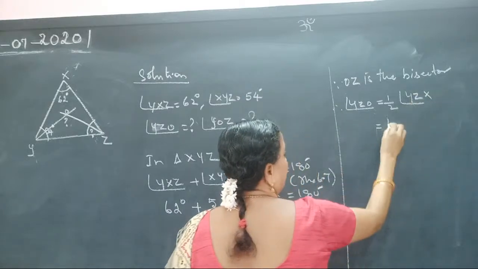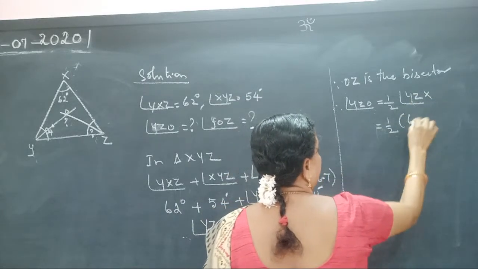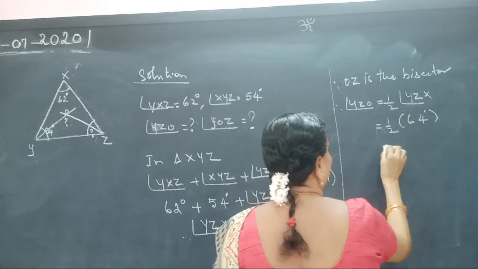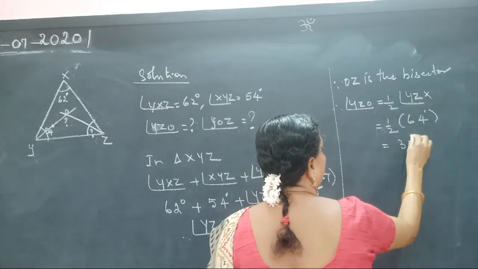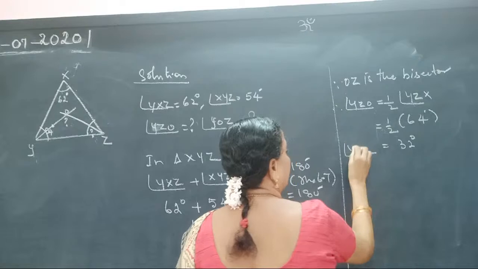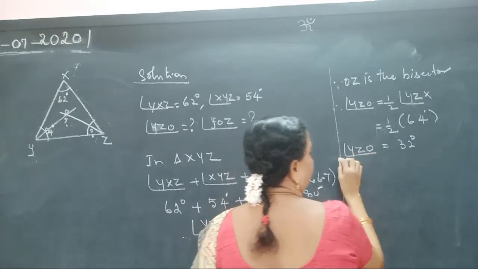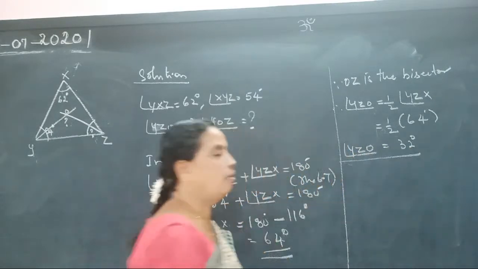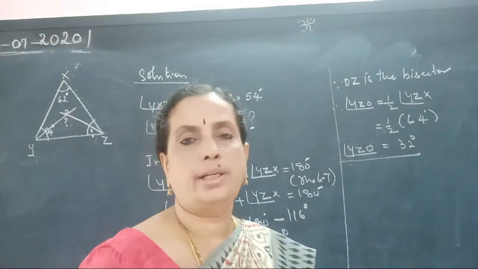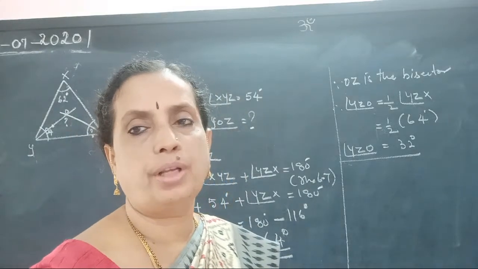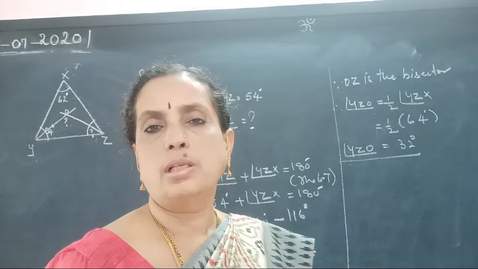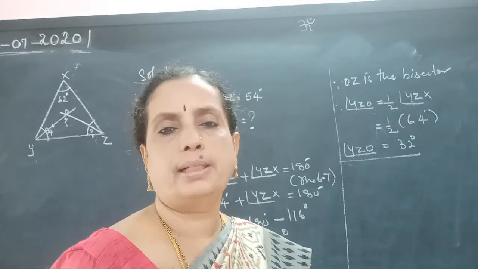That is half of 64 degree equals 32 degree. Angle YZO is 32 degree. Why it is 32 degree? Because ZO is the bisector.